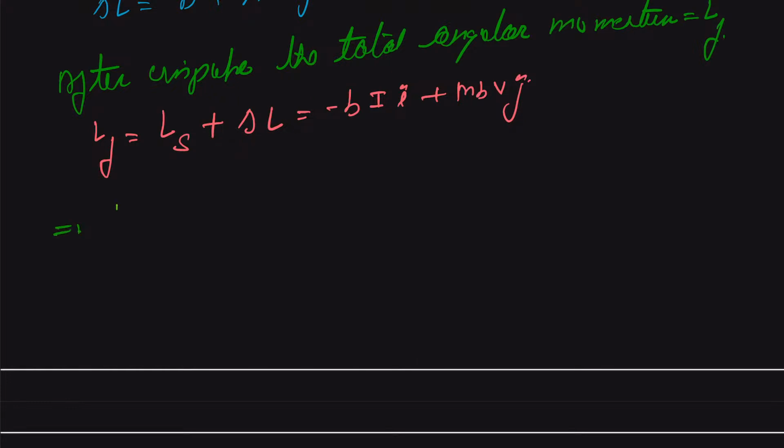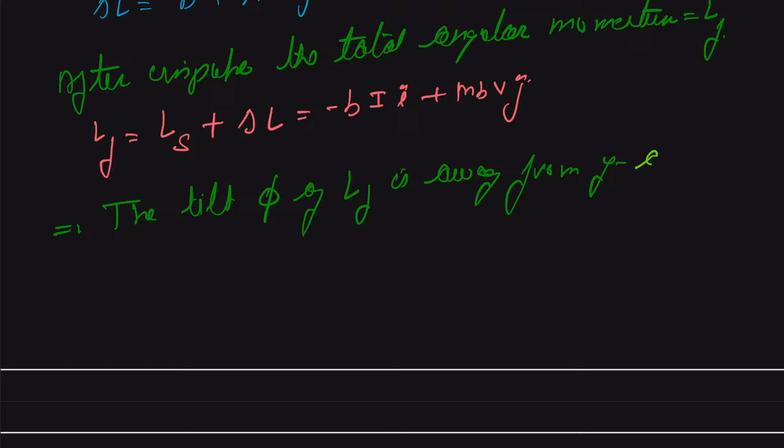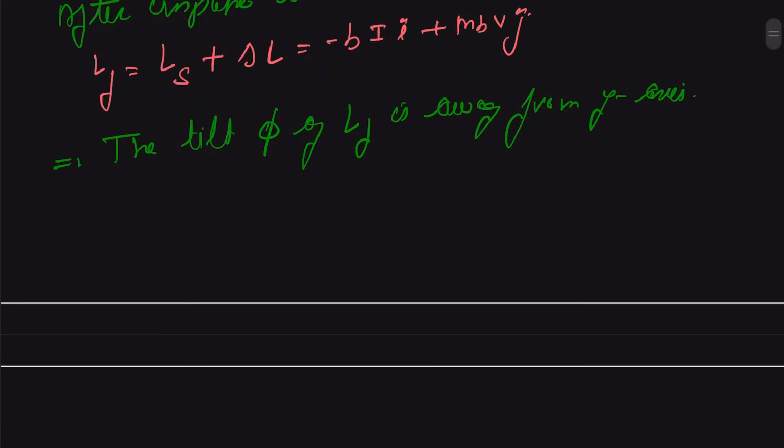So we can say the tilt phi of the total angular momentum, that is LF, is away from the y-axis. Therefore, we can write that tangent of phi will be equal to the magnitude of our x component divided by our spin component.